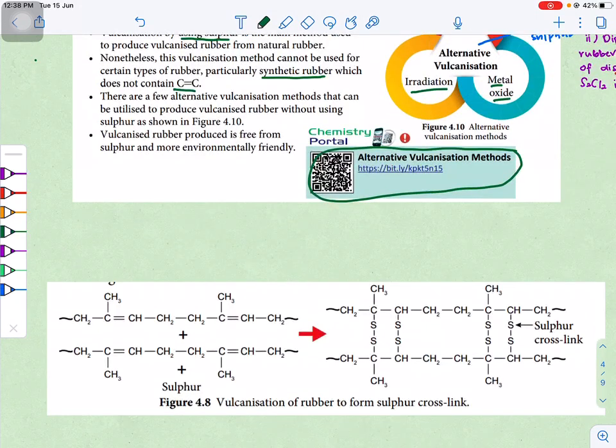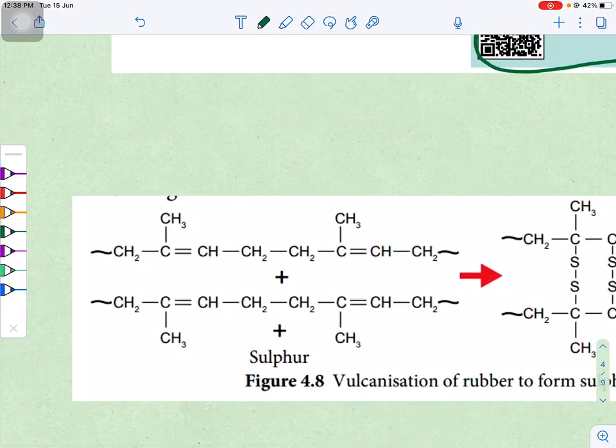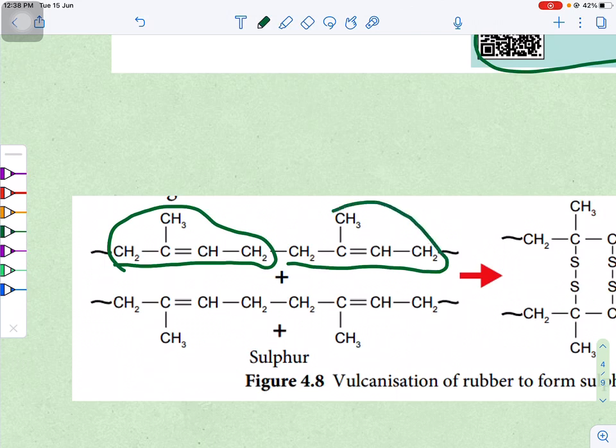Okay, so we're going to focus on how vulcanization of natural rubber occurs. This is the rubber molecule. We have the repeating subunit of monomer here. This is one monomer and another one. We have two. Okay, and then the second layer of rubber.